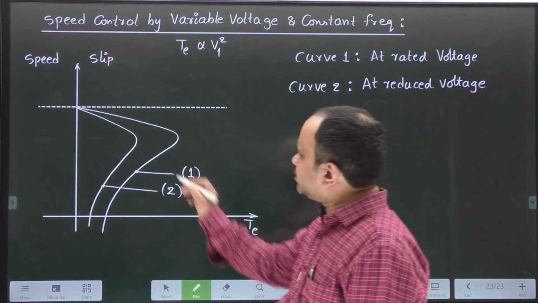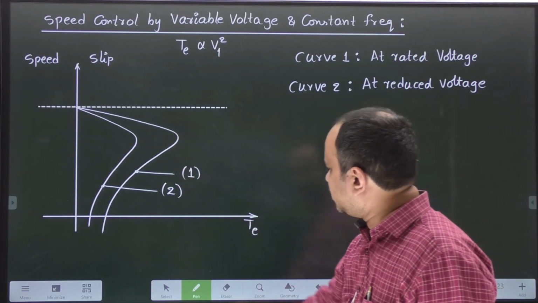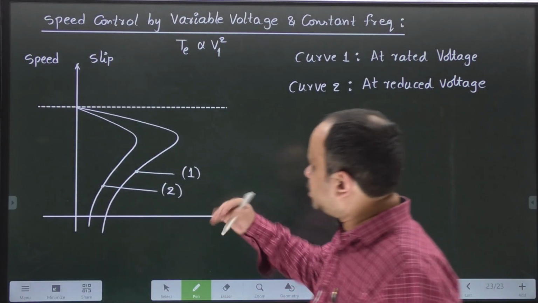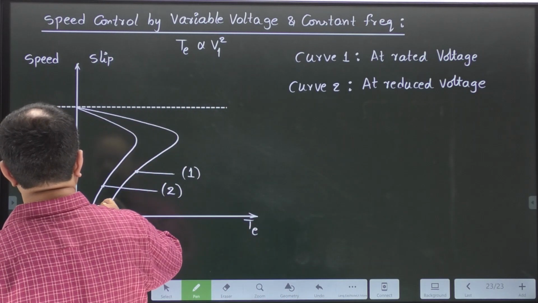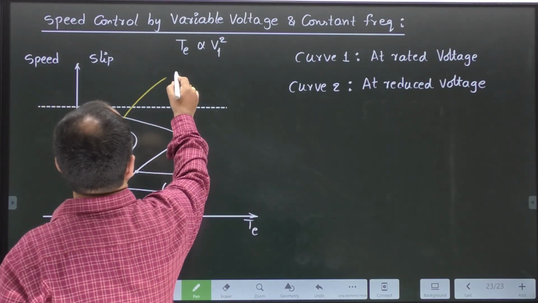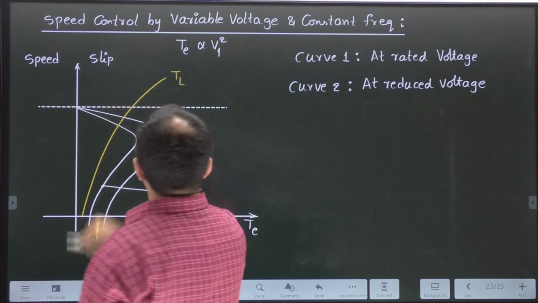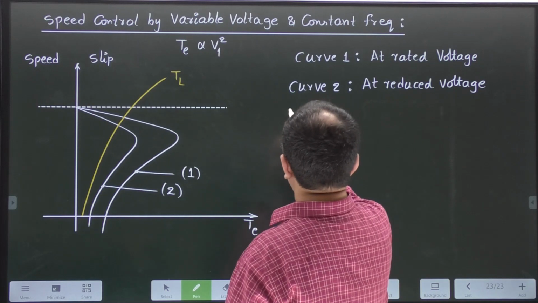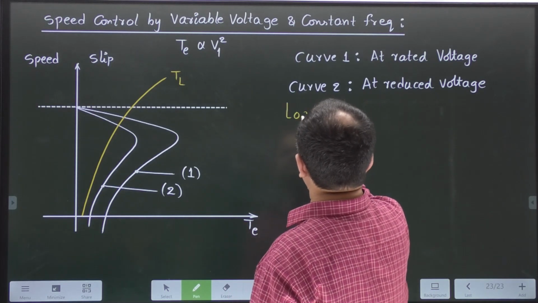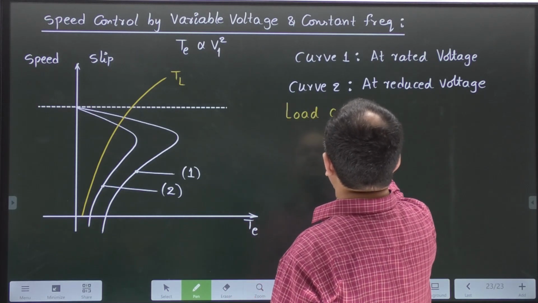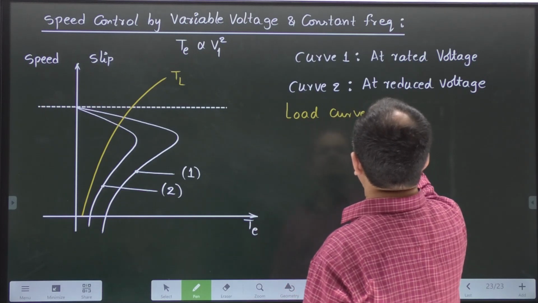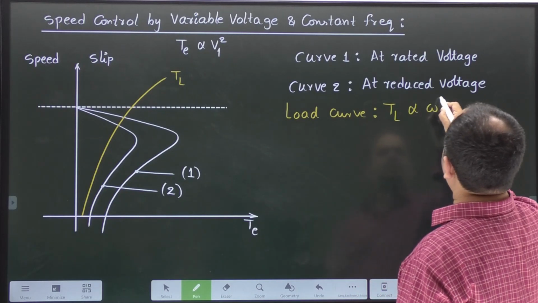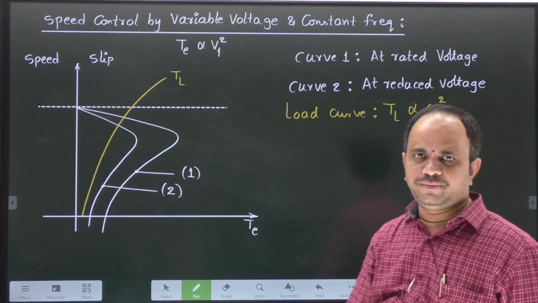So what are these curves telling? You will understand more clearly if you superimpose load characteristics on top of this. Let me take here, this yellow curve is a load torque. So let me write down here, load curve, TL is proportional to the square of the speed.